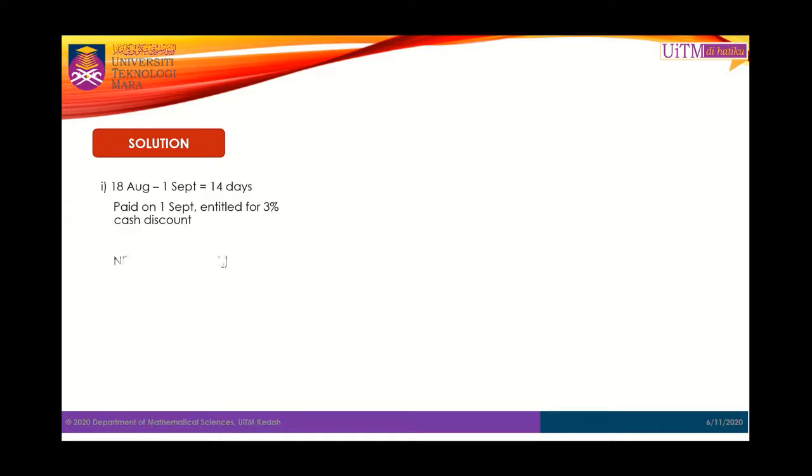Finding the net price, or the net payment here, you can use the formula NP equals LP times 1 minus D1 times 1 minus D2. In this case, D1 refers to the trade discount and D2 refers to the cash discount of 3%. You can also replace D2 with C if you don't want to confuse the symbols.